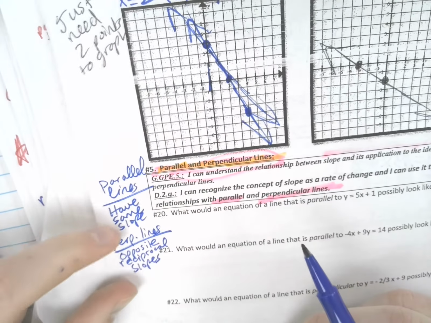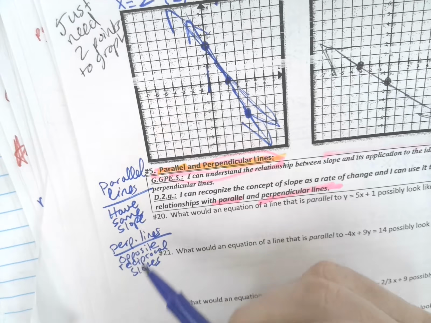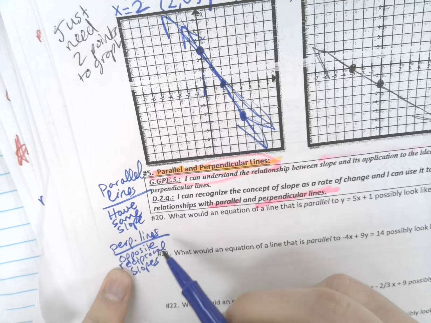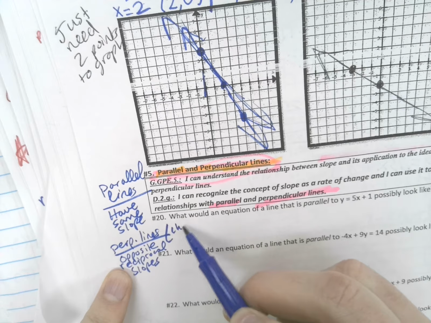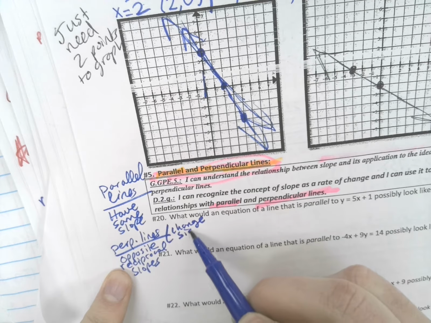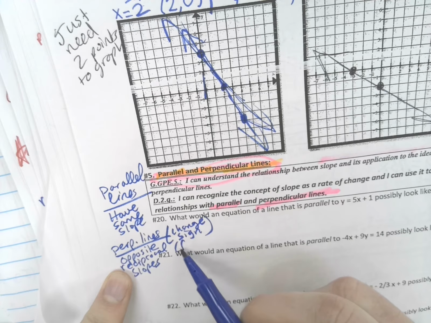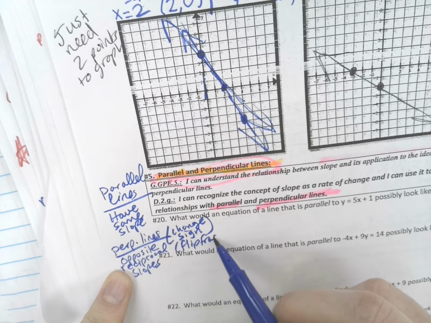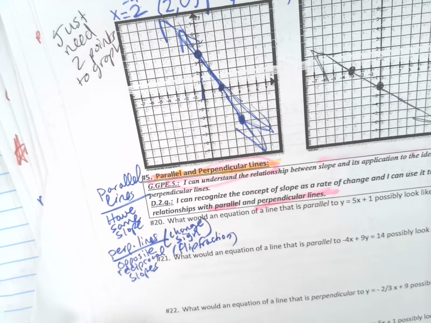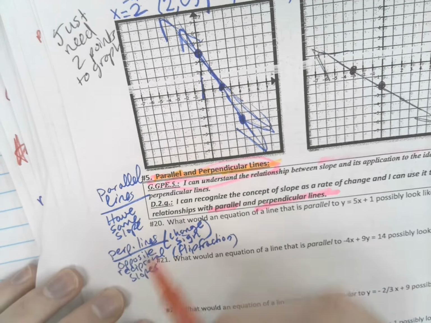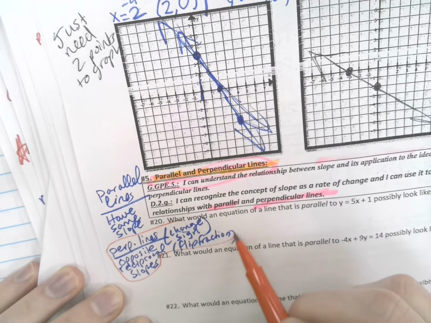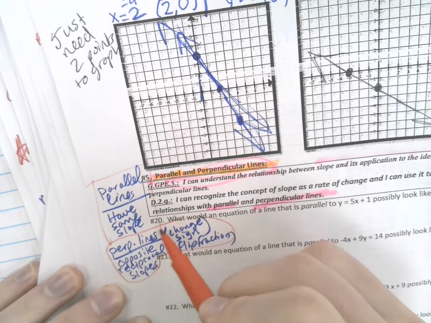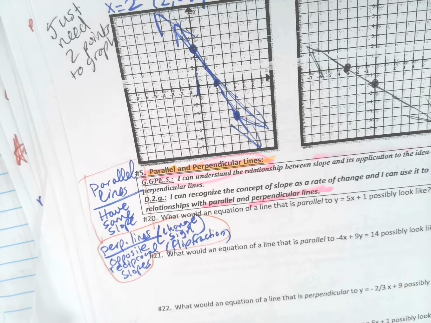So either way, it's about the slopes. But with perpendicular, that means you change sign and flip the fraction. And of course, that's if you have perpendicular. If you have parallel, then they're literally just the same slopes.